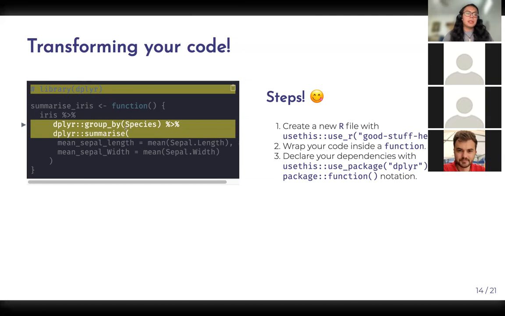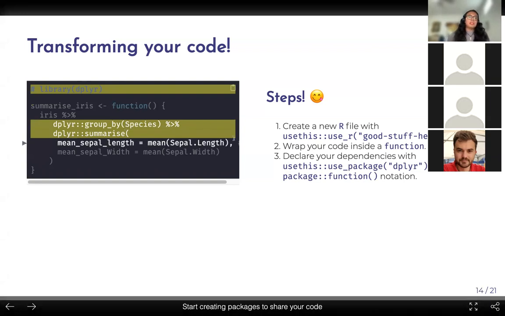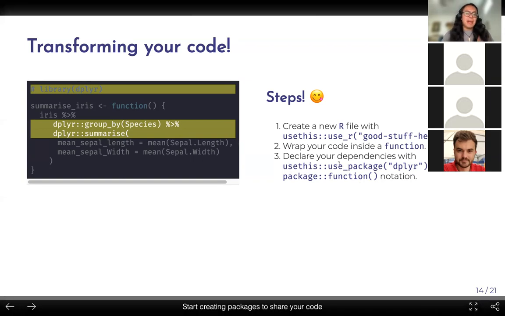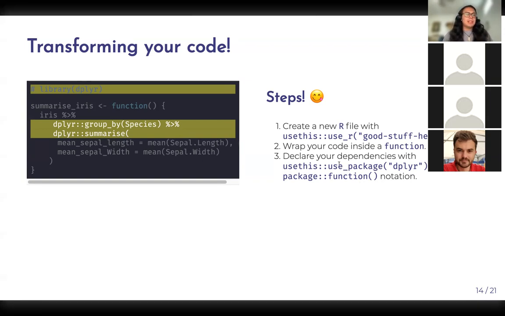This is a special way to reference where the function comes from, and to include this dependency in your package. And don't worry about the things that you need to do. You can just use package::dplyr, and then this would create a new entry in your DESCRIPTION file for you, so that you don't need to worry about it.